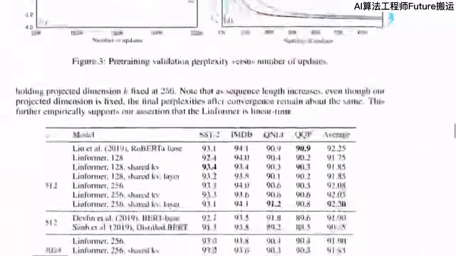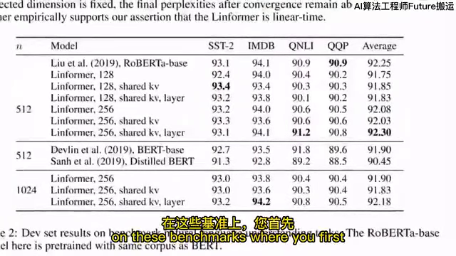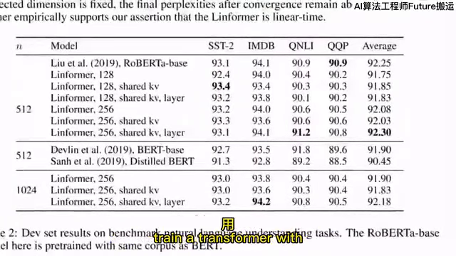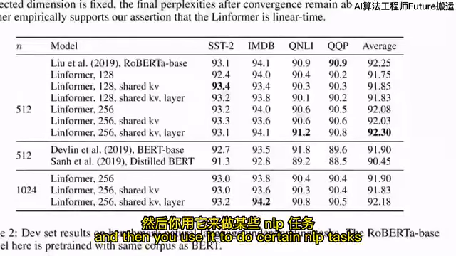But yeah. So how does this fare on these benchmarks, where you first train a transformer with pre-training with language modeling, and then you use it to do certain NLP tasks?